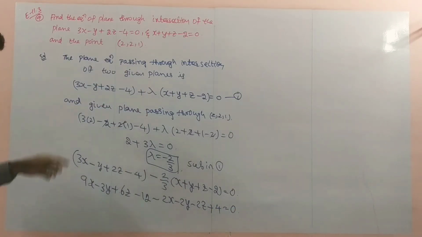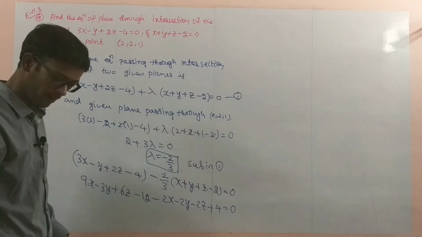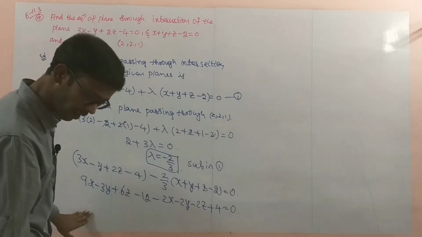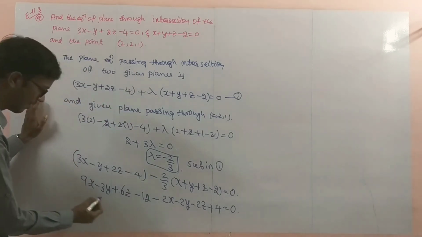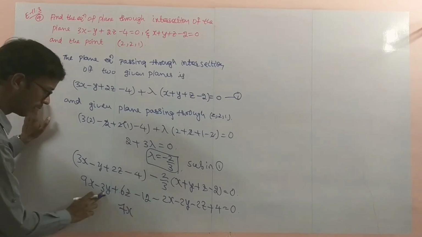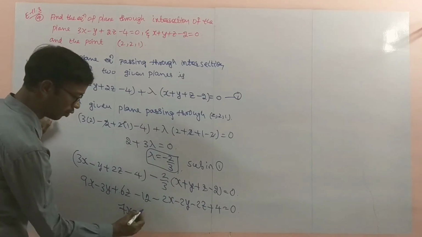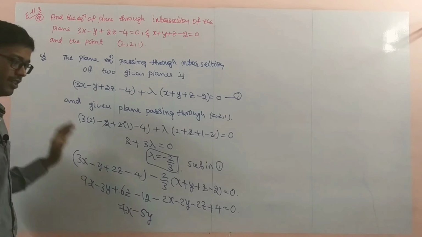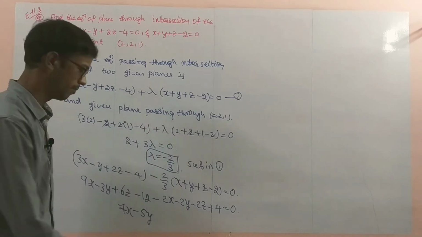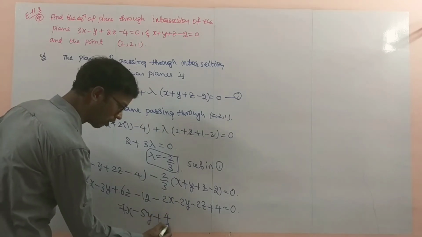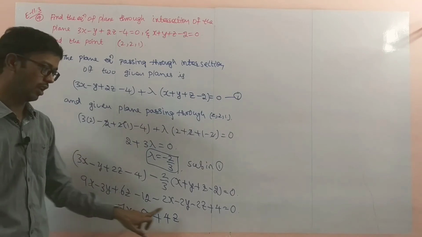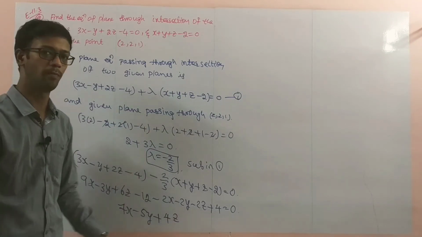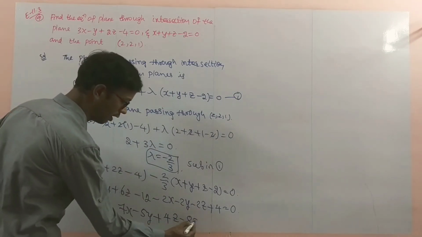If you simplify this, the total answer is 7x minus 3y minus 2y is minus 5y, 6z minus 2z is 4z, minus 12 plus 4 is minus 8 equal to 0.